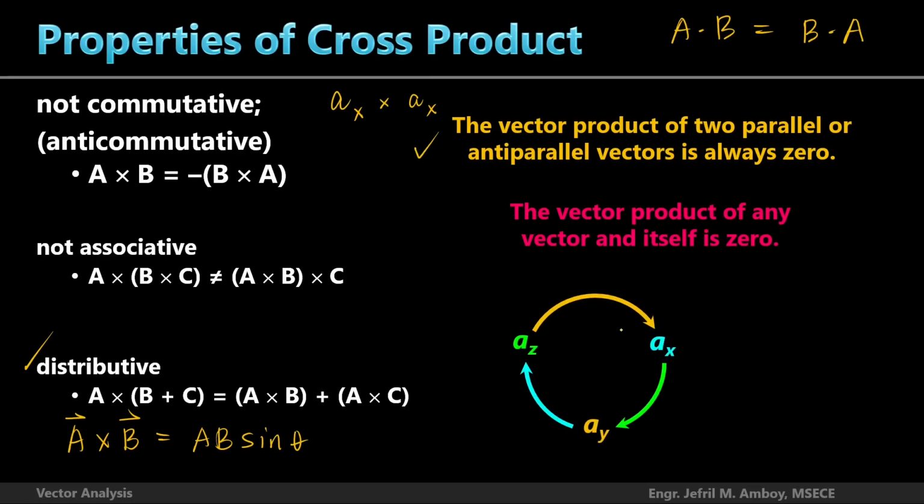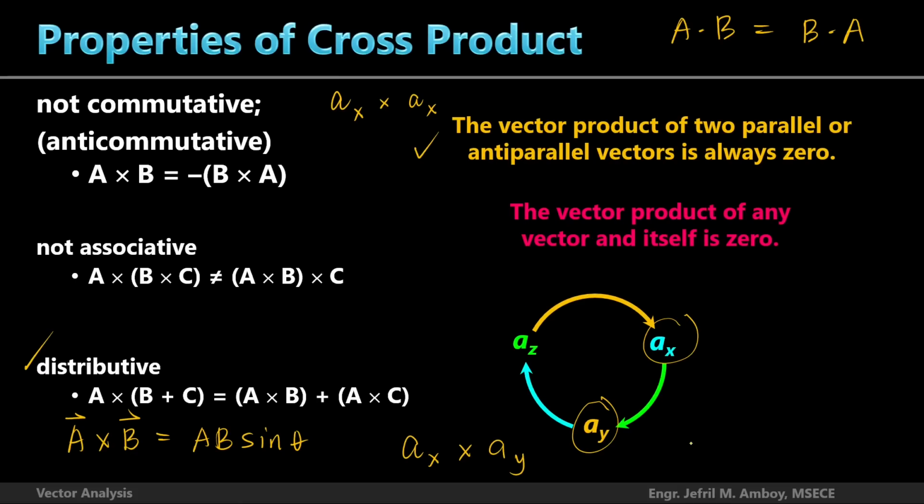Here, we arrange the unit vectors sequentially in a clockwise manner. So we start here with AX, followed by AY, and then AZ. For example, we want to know the cross product of AX and AY. So AX cross AY must be equal to AZ because it's the remaining one.